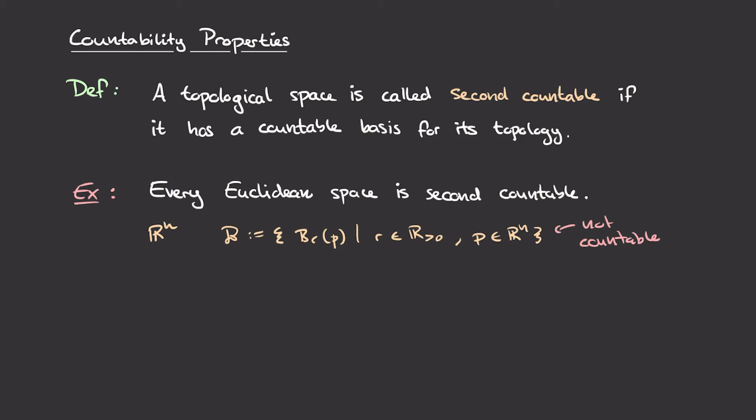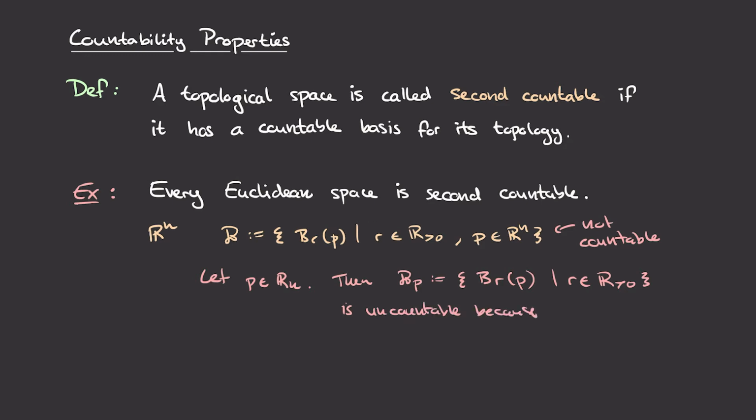To see why this is the case, we can just fix some point P in R^n. Well, then the collection, which I'll call B_P, which is the set of all open balls at this fixed P, this is uncountable because the positive real numbers are uncountable.